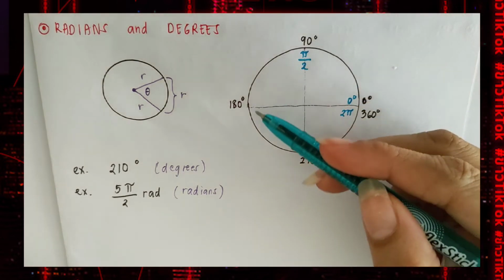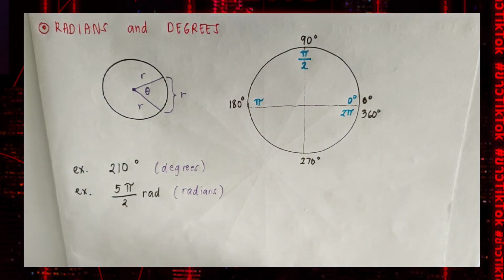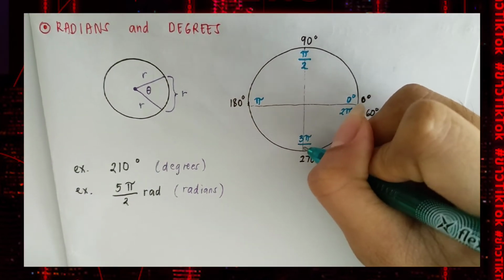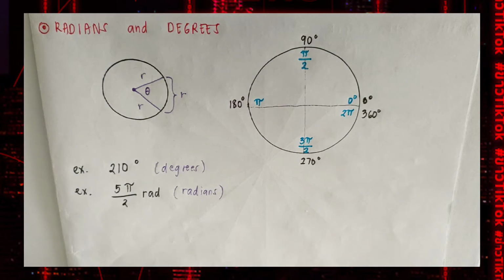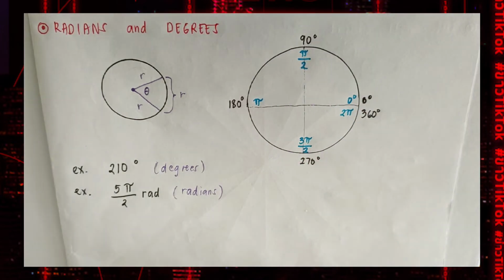Halfway around, we have pi. Three quarters of the way around is 3 pi over 2. And all the way around is 2 pi. So this is very important: 360 degrees is equivalent to 2 pi.